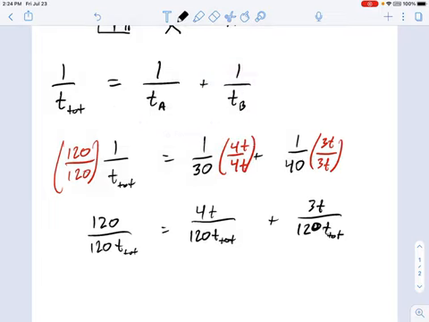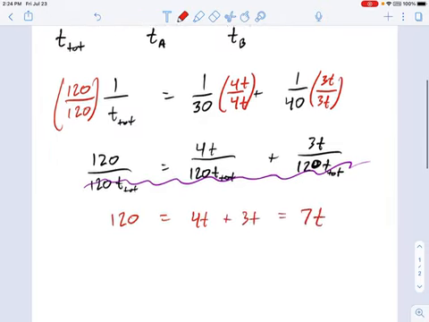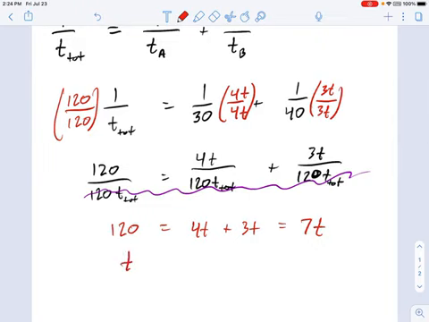Now it's a rational equation and all the denominators are equal, so we can just cross those out. All that's left is 120 equals 4t plus 3t, which is just 7t, which means the time it takes them to get this shed done is 120 divided by 7, in hours.